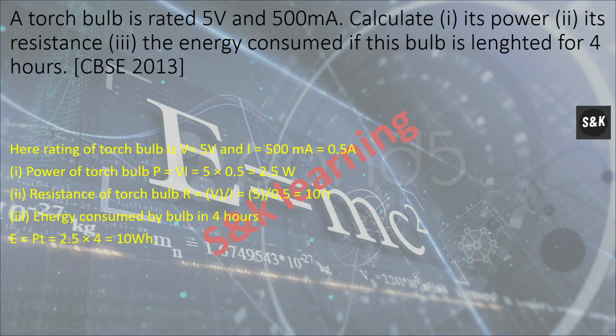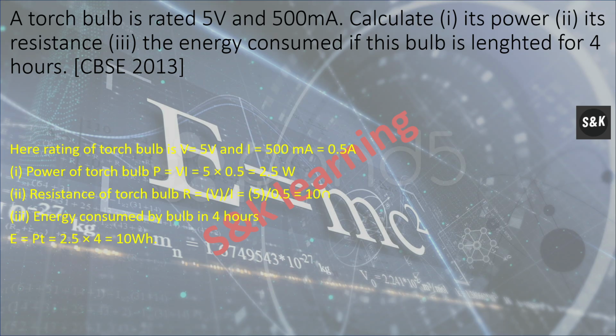A torch bulb is rated 5 volt and 500 mA. Calculate its power, its resistance, and the energy consumed if the bulb is lighted for 4 hours. Here rating of a torch bulb is V equals 5 volt and I equals 500 mA, which is equals 0.5 A, that is ampere.